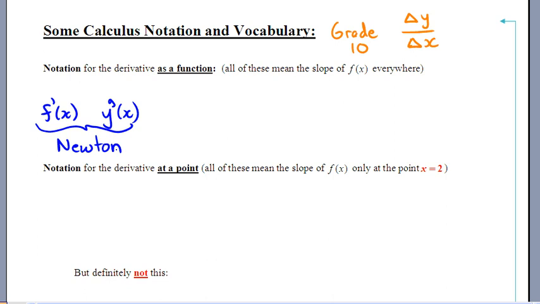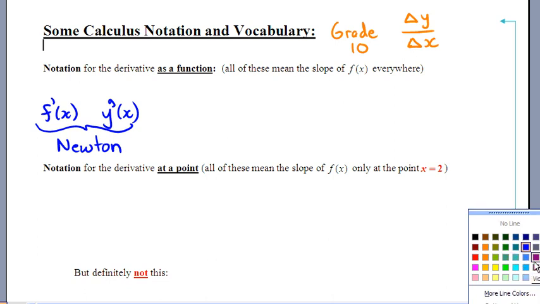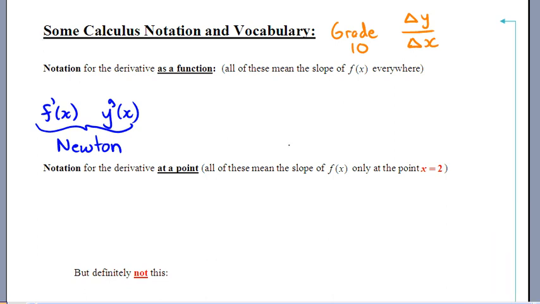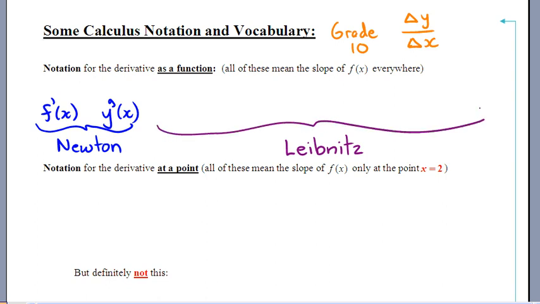But there was another inventor of calculus, and he has a completely different notation. And at first glance, you're going to say, oh, I don't like it, it's too long, it's too hard to write down, it's not as nice and quick as the Newtonian way of writing it down, but it is actually better. It's actually got more information packed into it. So here are 4 different ways you might write that down.